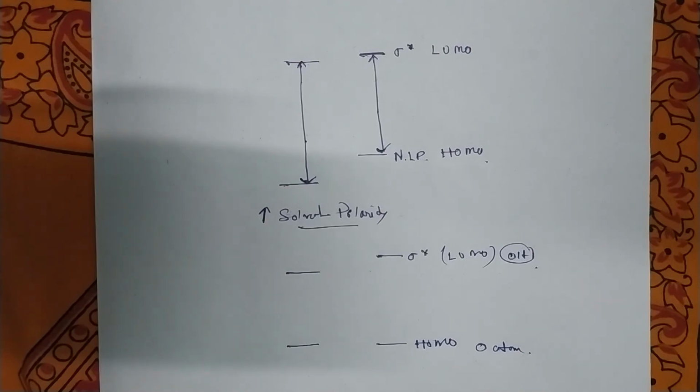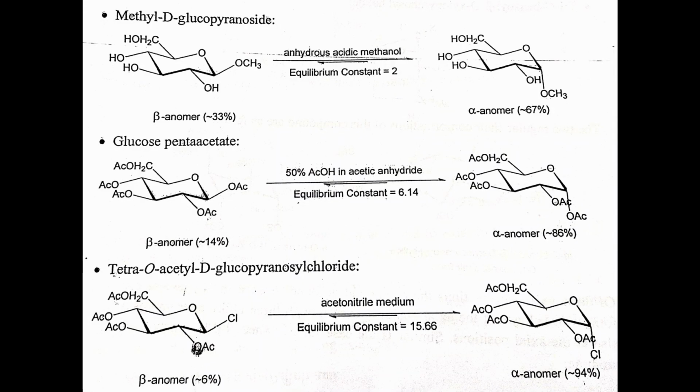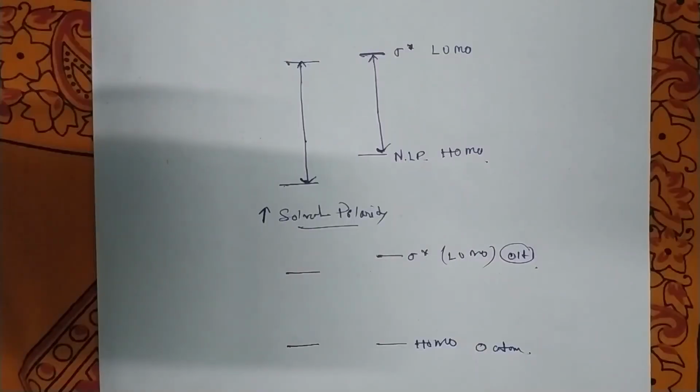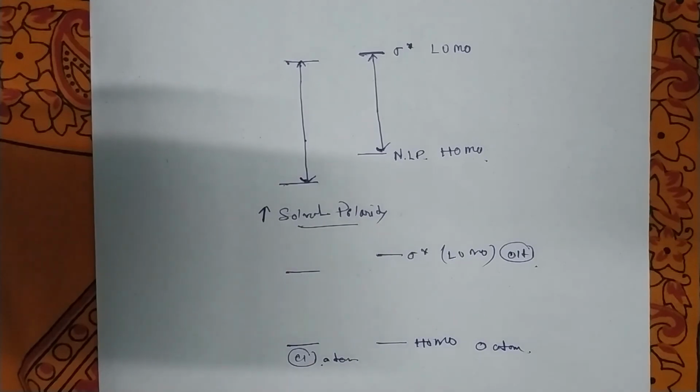So that's why with the increase of the electron withdrawing ability of the anomeric group, the anomeric group likes to remain at the alpha position. So this is the reason in terms of the molecular orbital diagram.